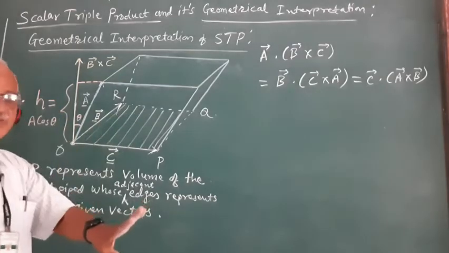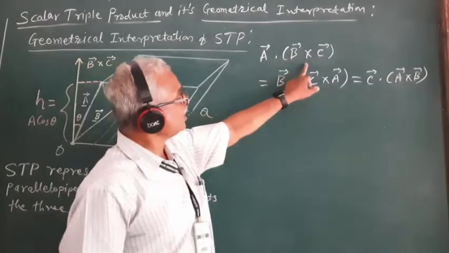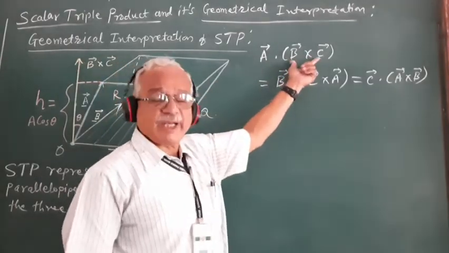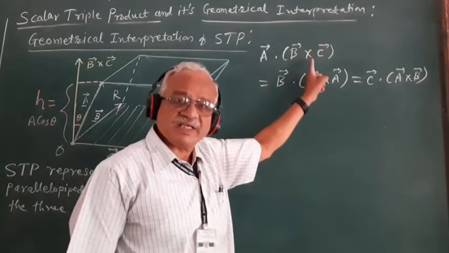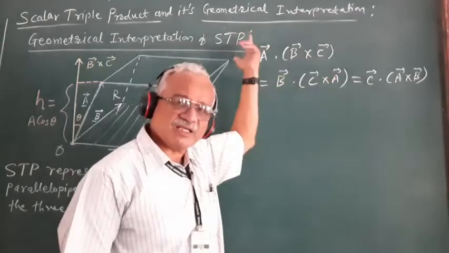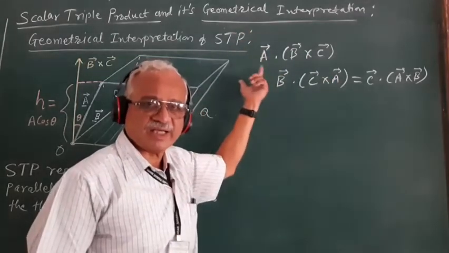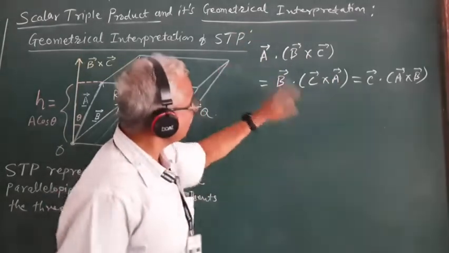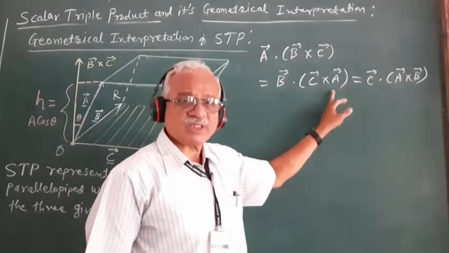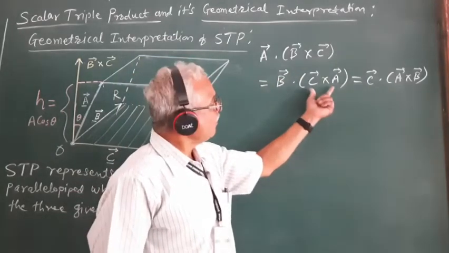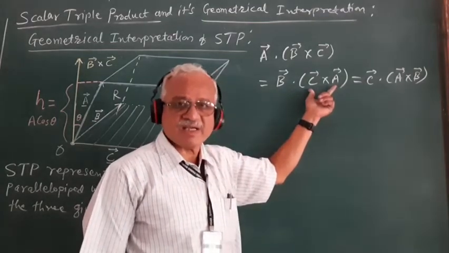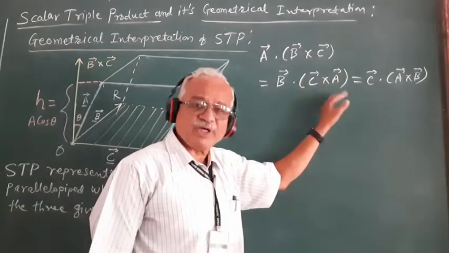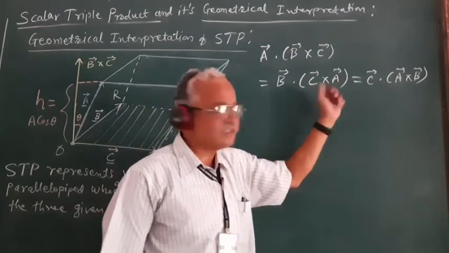The only change is that in the first scalar triple product, the plane formed by b bar and c bar is treated as the base and the other direction is taken as the height of the parallelepiped. In the second scalar triple product, the plane of c bar and a bar is taken as the base and the direction perpendicular to it is taken as the height.